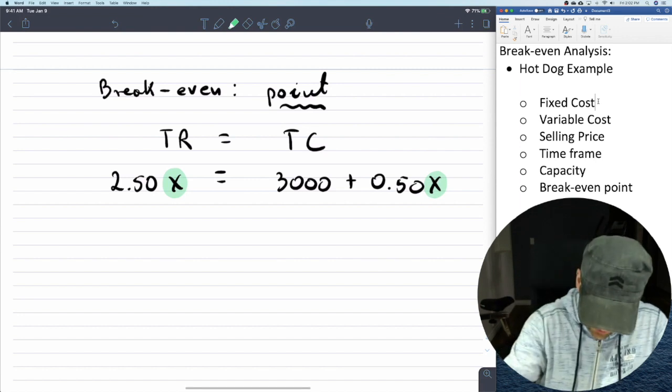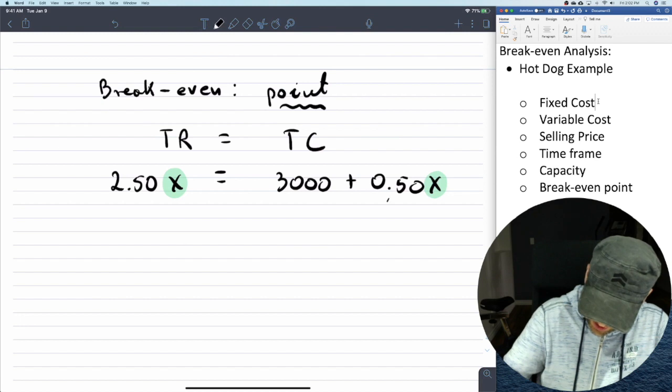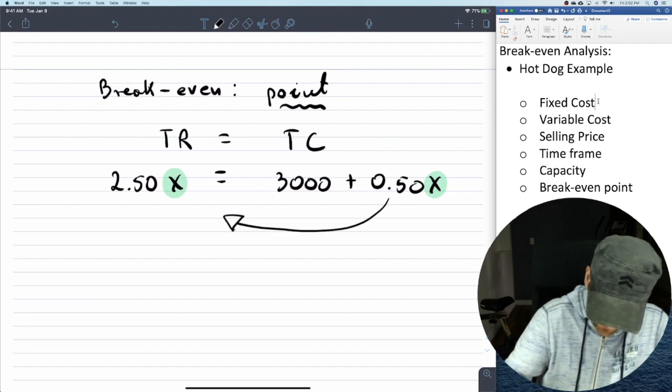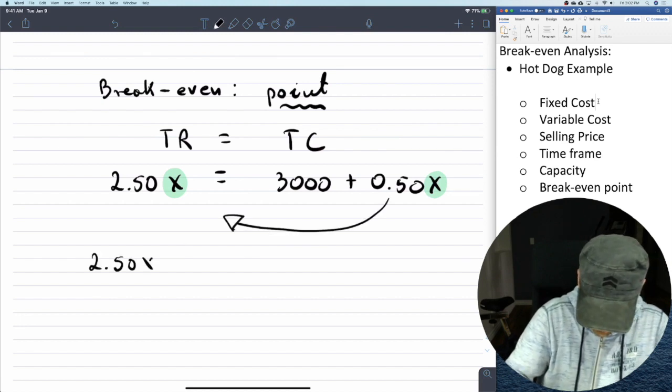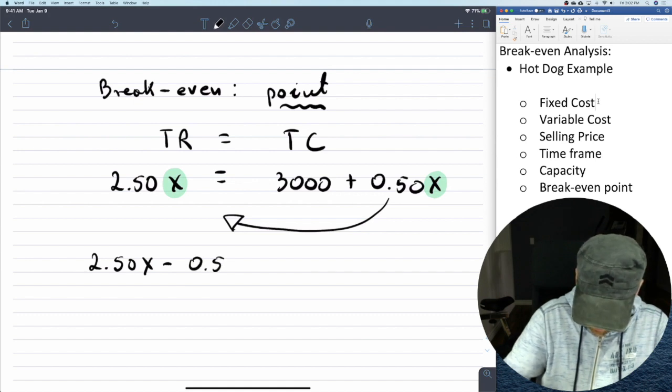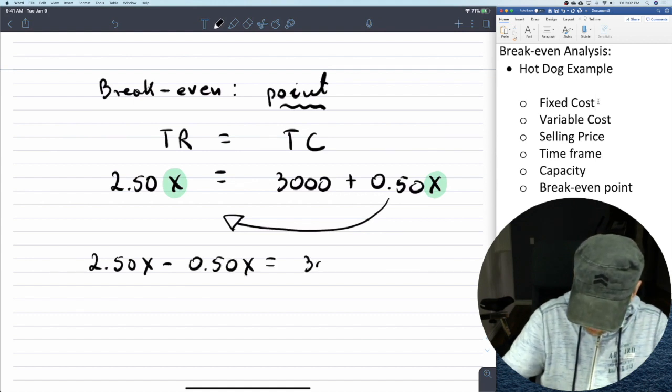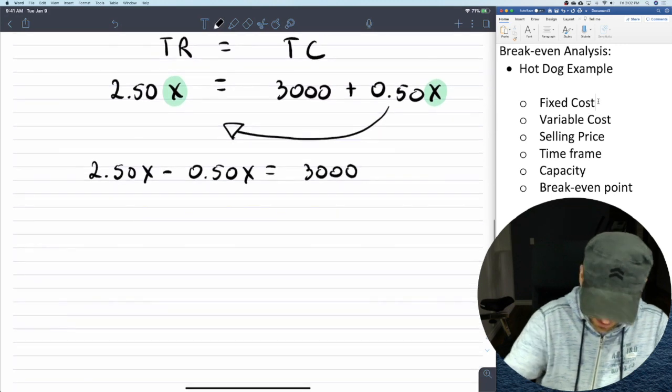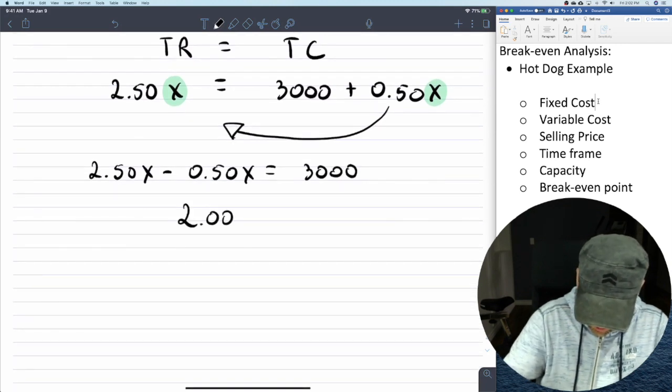Okay, so let's do that. So I'm going to shift this over to the left-hand side. So I'm going to have $2.50x minus $0.50x equals 3,000. So this is just $2. Notice $2.50 minus that.